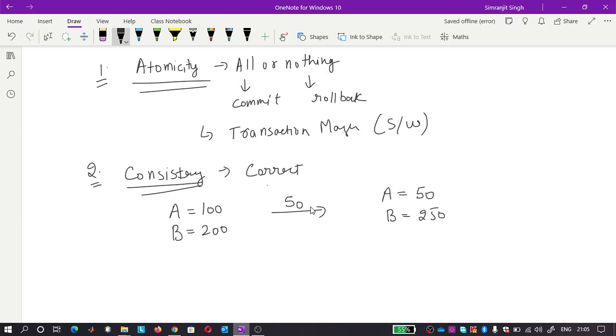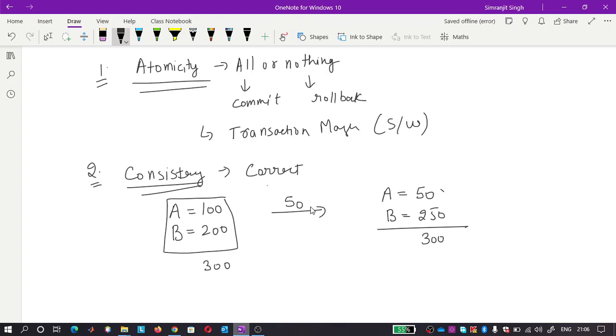Now if you total the value, what is the total? Before, the whole amount is 300. Again, after, the whole amount is 300. It should not be that these 50 rupees are lost in the system. If you are transferring some money, then the total sum should be the same.